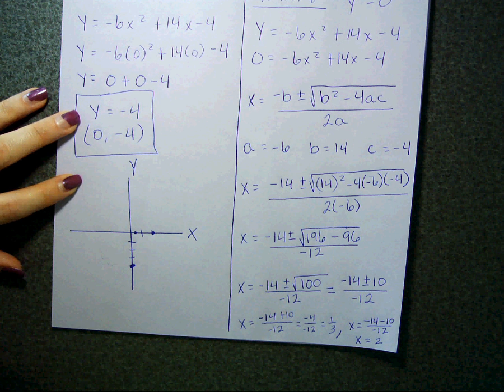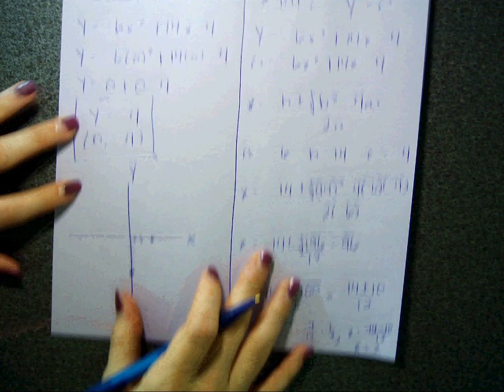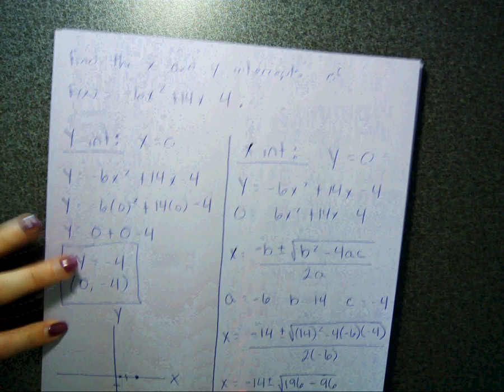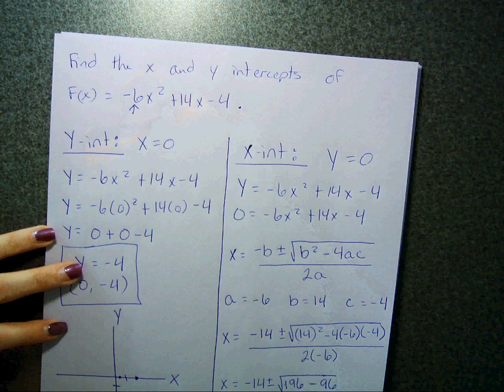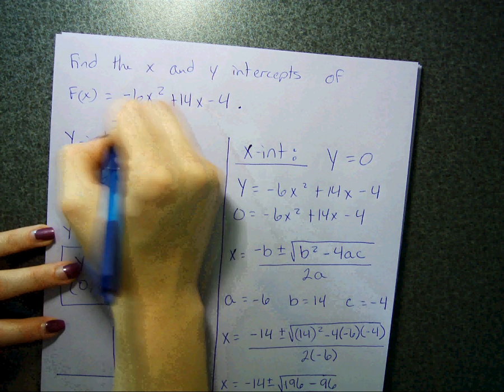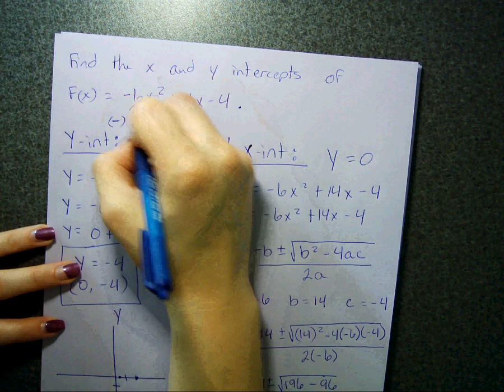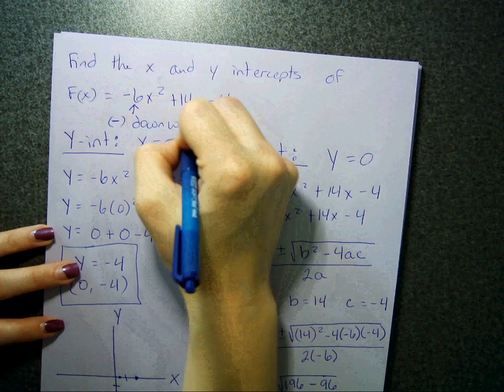Is this parabola going to open upward or open downward? So if I go back and I look at my leading coefficient, the number in front of x squared is negative. So I know my parabola should open downward. So it's going to be an upside down parabola.